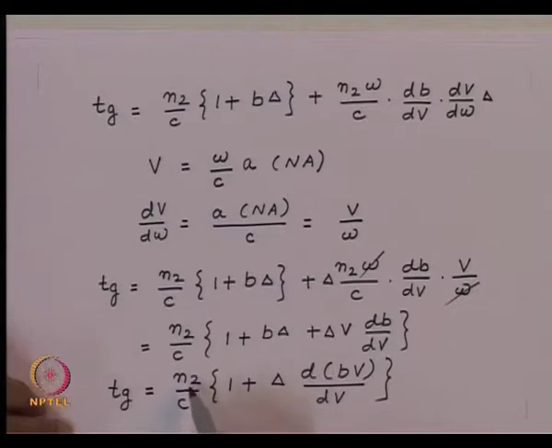Now, note here this quantity n2 by c, if I see, this is nothing but the group delay which the signal will undergo if it was travelling in the medium cladding of a refractive index n2. So this parameter is a constant delay which the signal will undergo anyway.